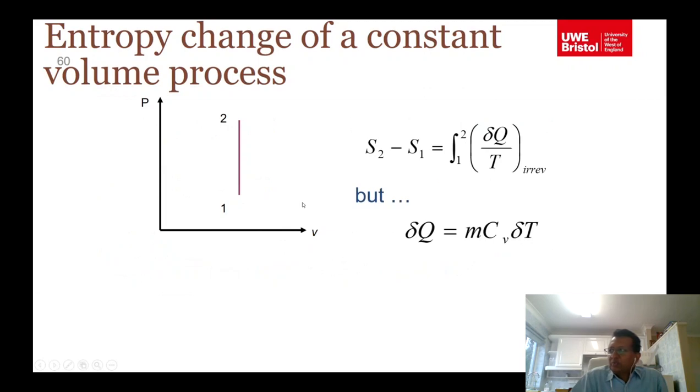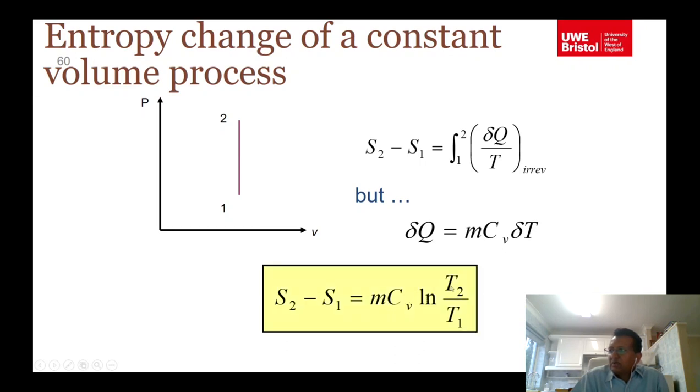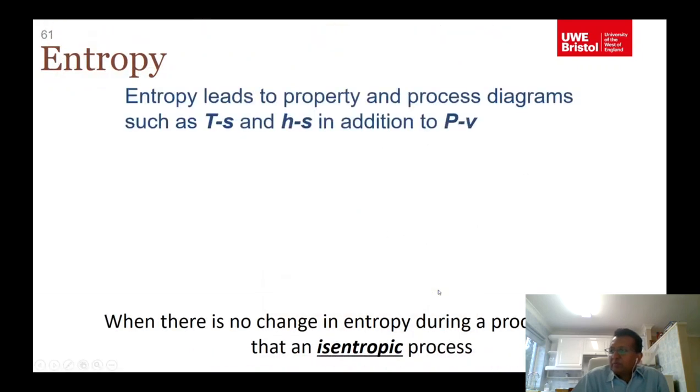For a constant volume process, between the first and second state, delta Q can be stated as m Cv delta T. Therefore S2 minus S1 is equal to m Cv ln T2 over T1. Solid objects are constant volume processes, so that is how you define entropy for them.